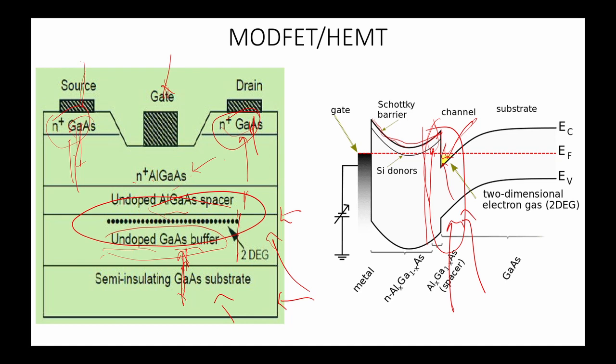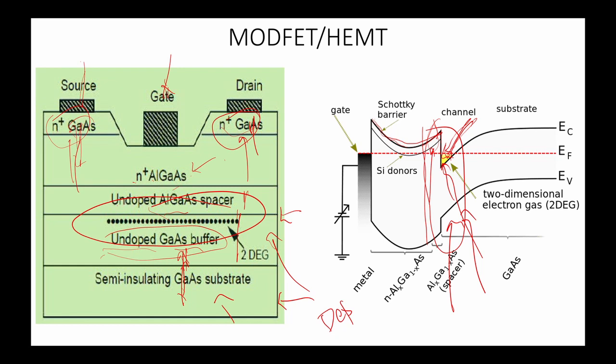So we can call it a depletion mode transistor. The charges are already depleted, and there is already an inversion, an electron gas at this junction.